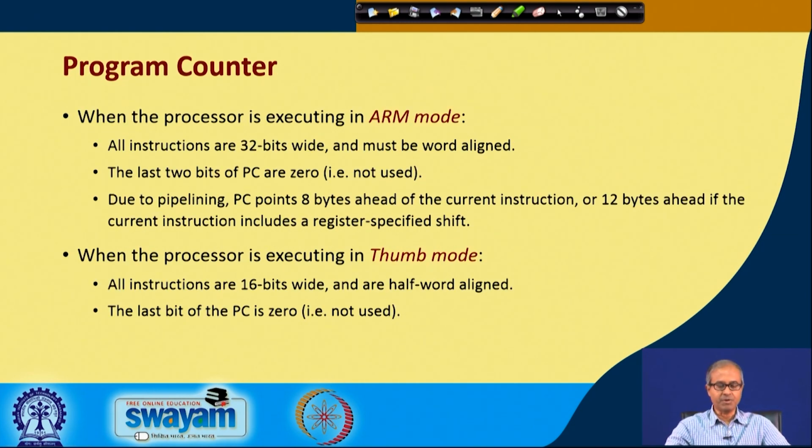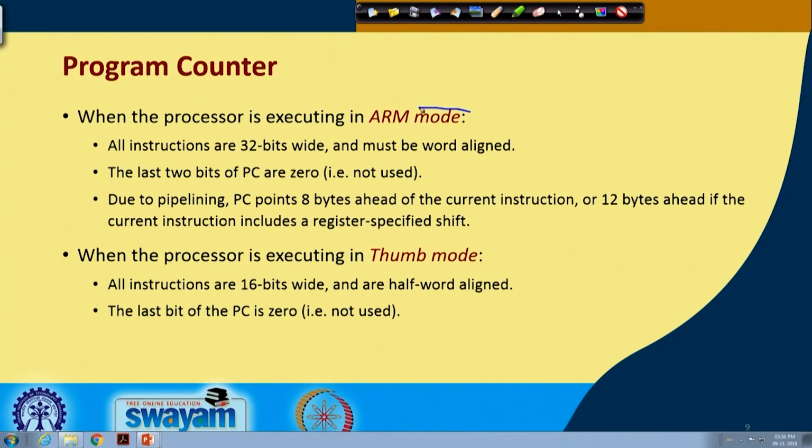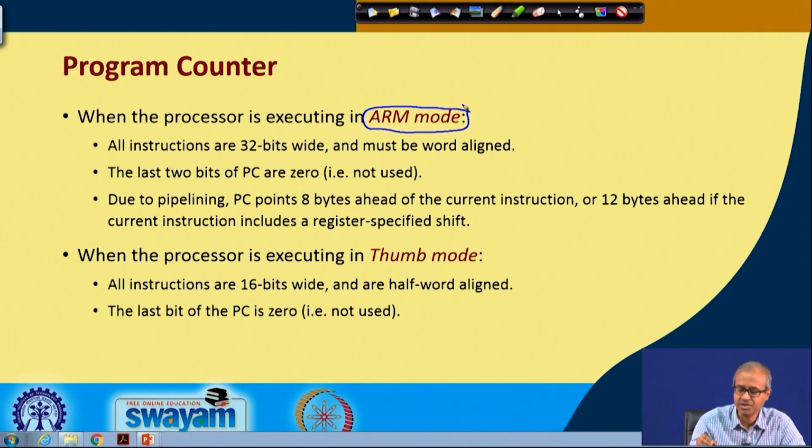Now, talking about the program counter, there are two modes of execution. One is the ARM mode, one is the thumb mode. Let us make the distinction clear here. We first talk about the ARM mode of execution, which is the default mode of execution. ARM mode says that all instructions are 32-bit wide. They are 32-bit instructions and they are word aligned.